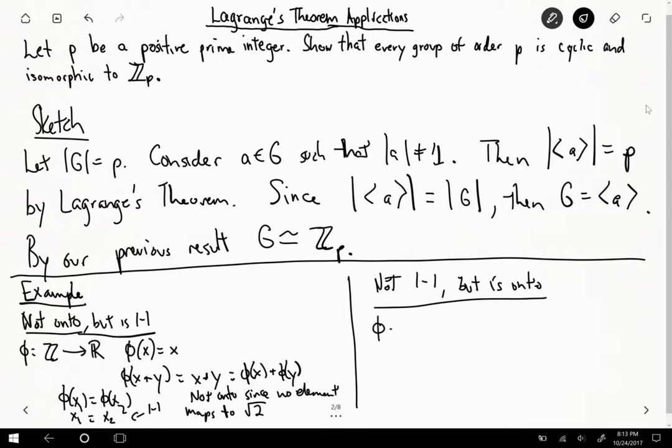We'll map from the integers into Z mod n. And I will try to distinguish how this goes using the brackets for Z mod n. So we'll go phi of x equals the integer x modulo n. So notice this is not one-to-one.